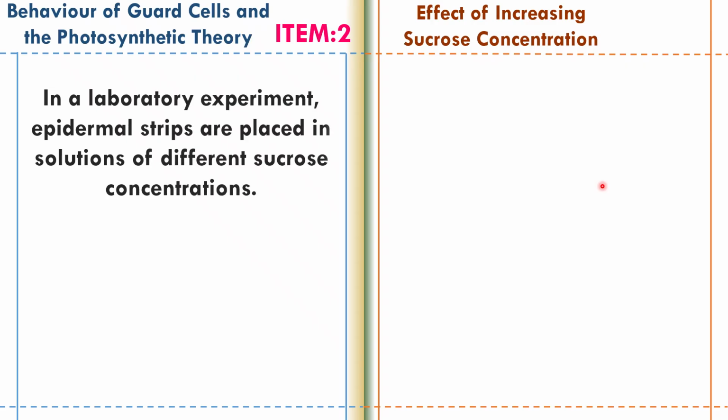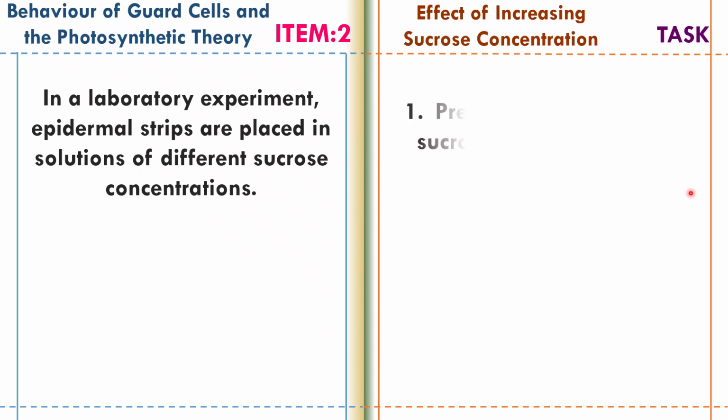Still on behavior of guard cells and photosynthetic theory, item 2. Focusing on the effect of increasing sucrose concentration. In a laboratory experiment, epidermal strips are placed in solutions of different sucrose concentration.